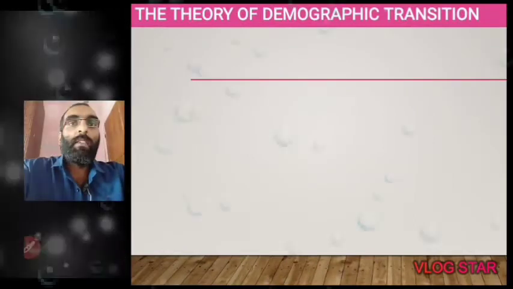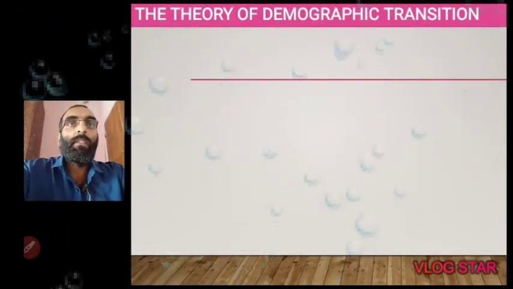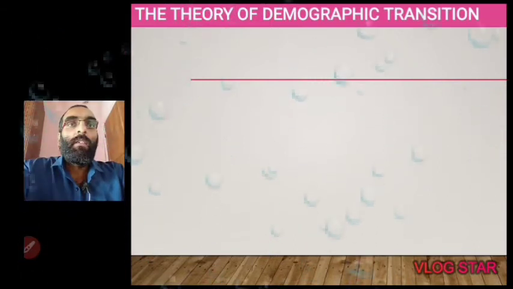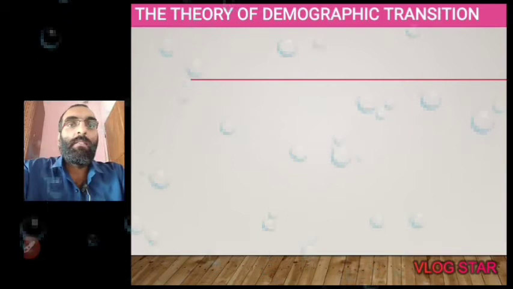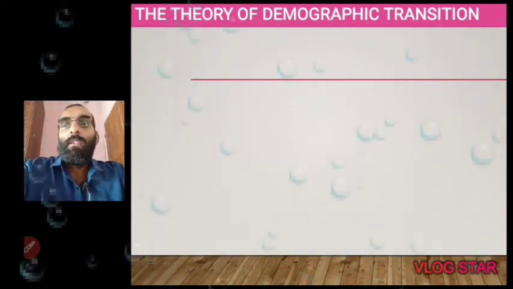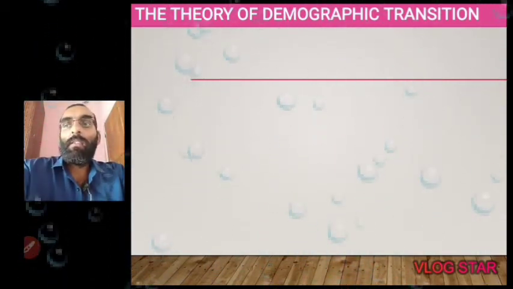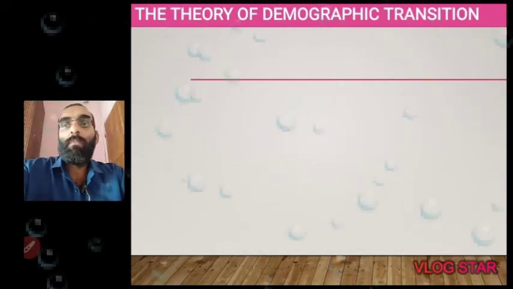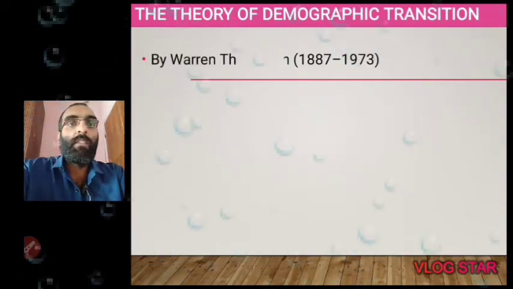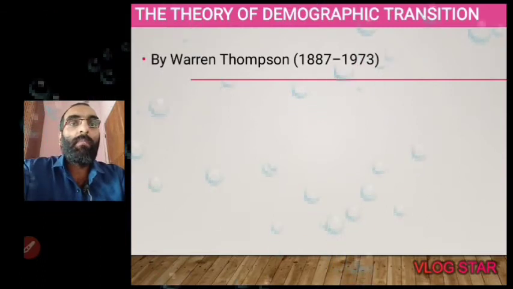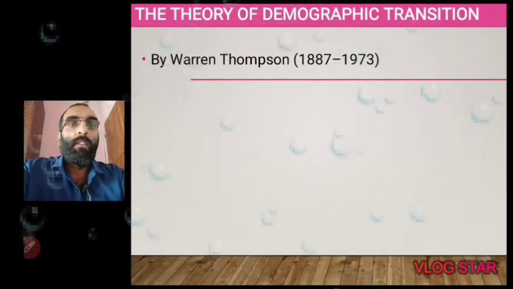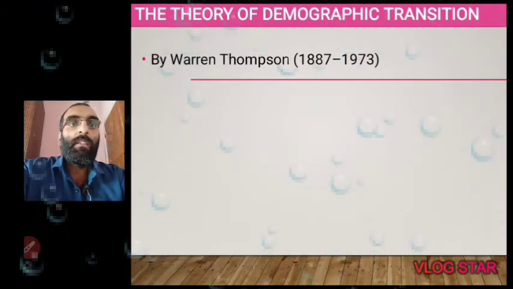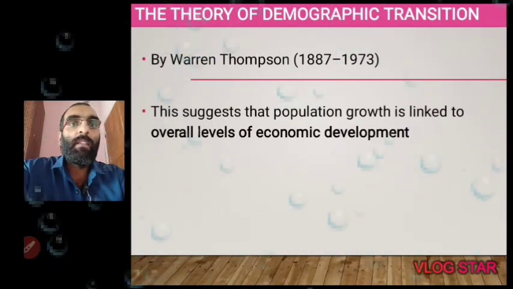The second theory is the demographic transition. The demographic transition is the relation between economic development and change in population. This theory was propounded by Warren Thompson, 1887 to 1973.